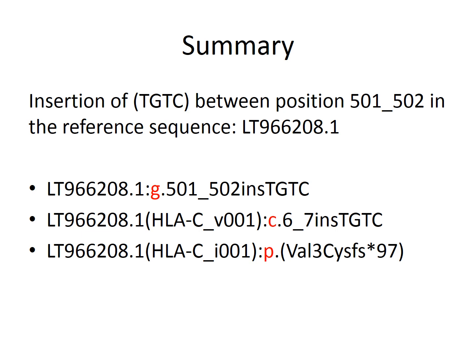This is genomic, nucleotide 501 to 502, there's an insertion of a T or TGTC, for example, and at the coding level, there's an insertion between nucleotides 6 and 7 in the coding cDNA, there's an insertion of this sequence, and at the protein level, it's an amino acid valine at amino acid number 3, changed to cysteine, leading to a frame shift with a stop codon at this amino acid.